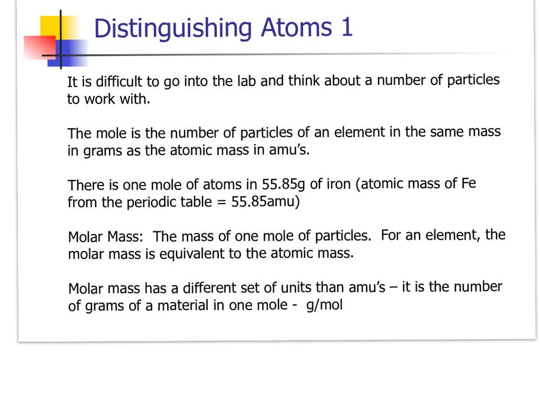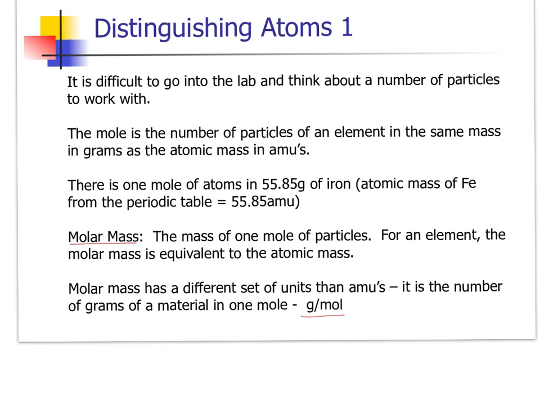That's what allows us to bridge this gap between measurements in the lab and what's going on at the atomic level, and that's again bringing up this idea of molar mass, the mole, atomic mass units, and things such as that. Molar mass is labeled as grams per mole.